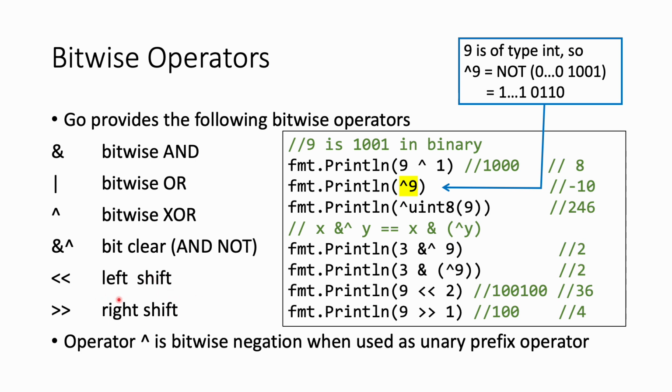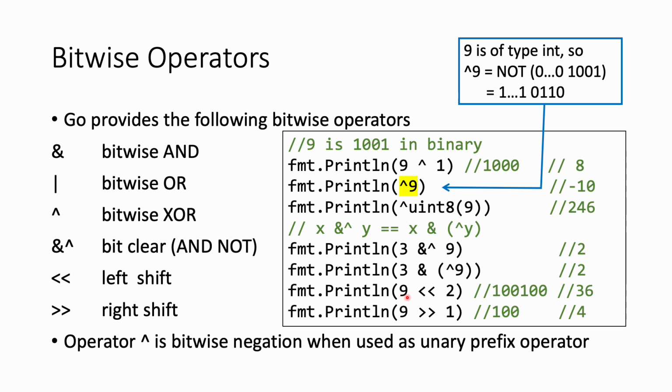The last two bitwise operators are the left shift operator and the right shift operator. The left shift operator is denoted by double less-than sign, and the right shift operator is denoted by double greater-than sign.